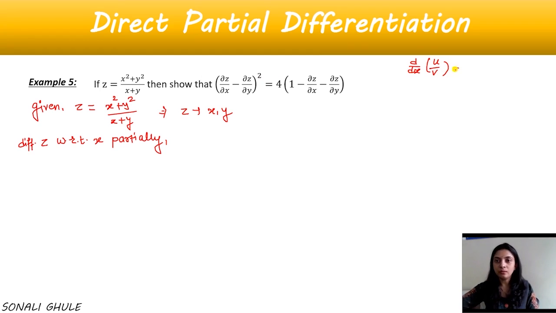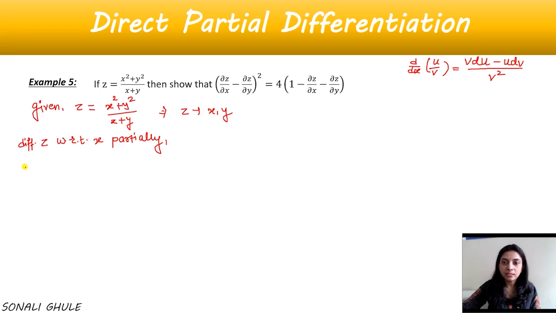According to this, you first differentiate the numerator keeping the denominator constant, minus, then differentiate the denominator keeping the numerator constant, divided by v square. We use this result here because in z, x is present in the numerator and in the denominator also.